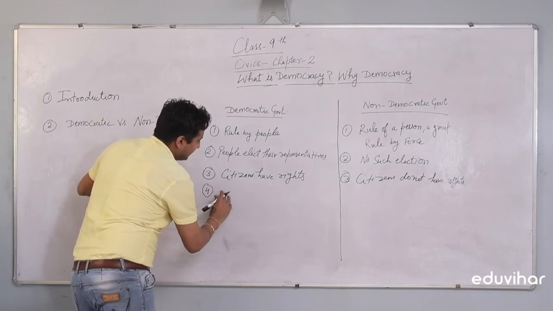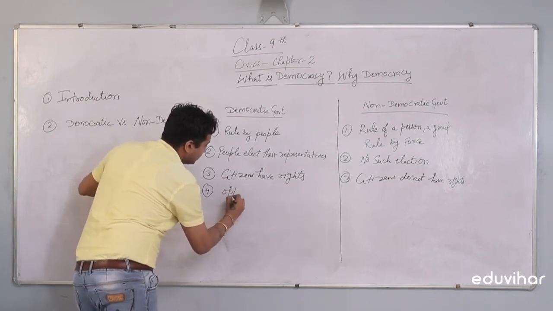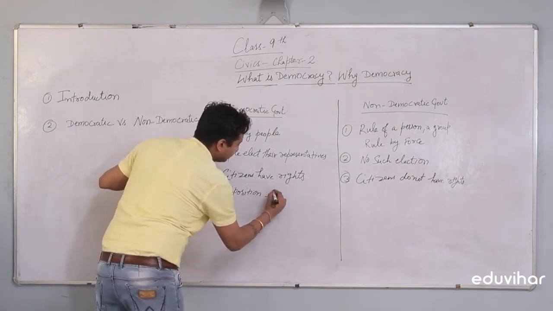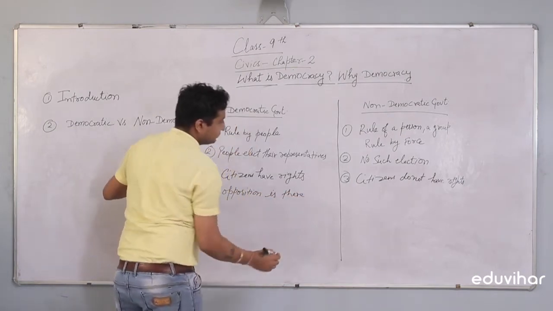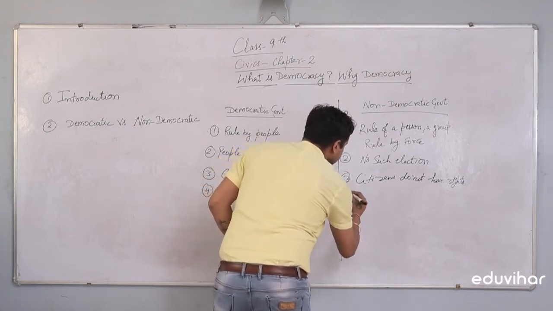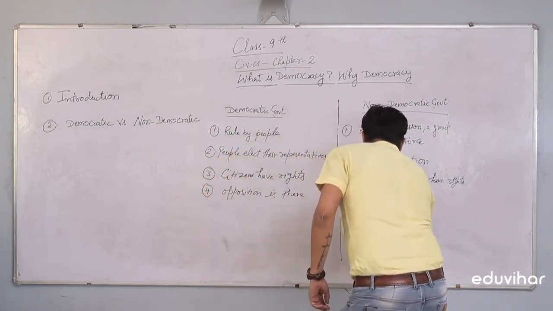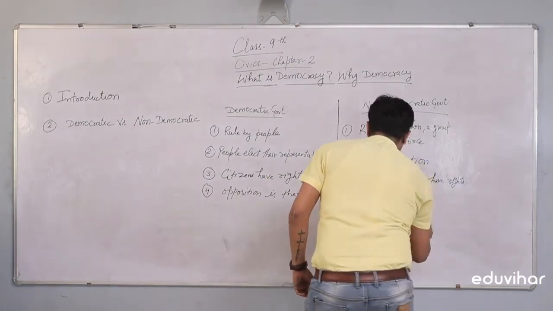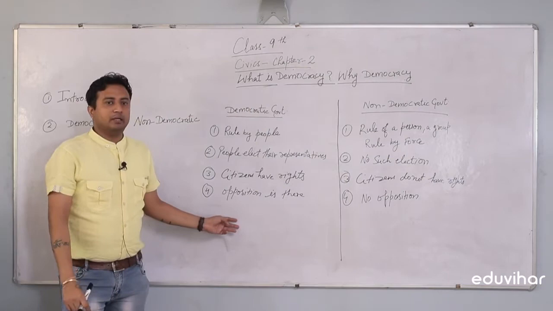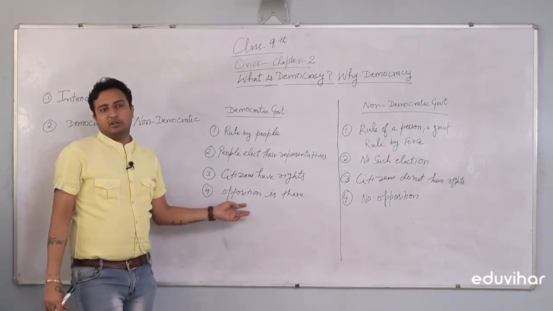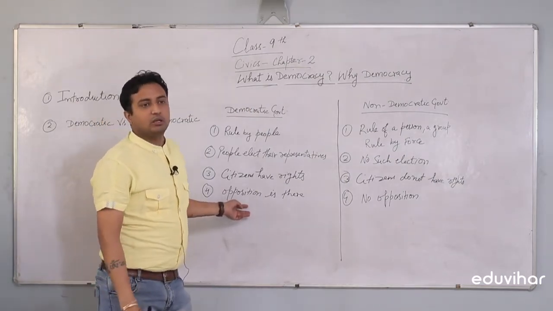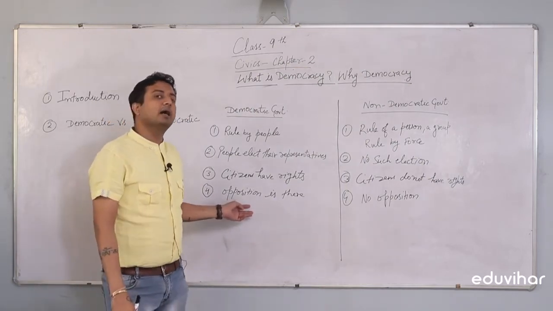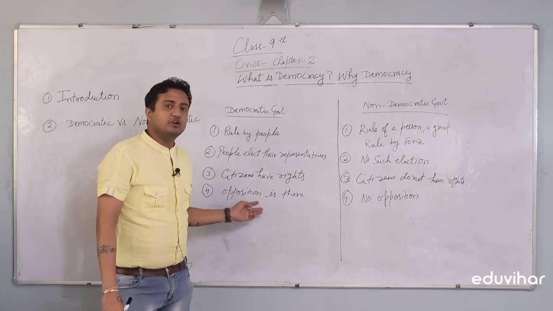In a democratic government, the next difference we have is opposition is there. No opposition. In a democratic government, guys, we have the opposition because a democratic country is all about elections, and in elections there are several parties competing for power or for the majority.